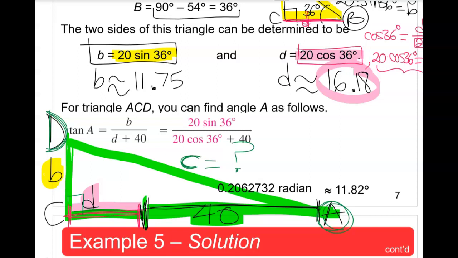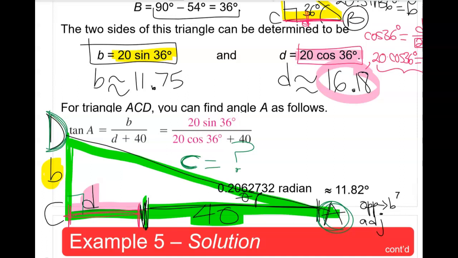So I'm going to call the opposite side B. Opposite is B, and the adjacent side, and I'm going to be using this angle here, the one that is formed from the segment AD to AC. So this is the one in question.